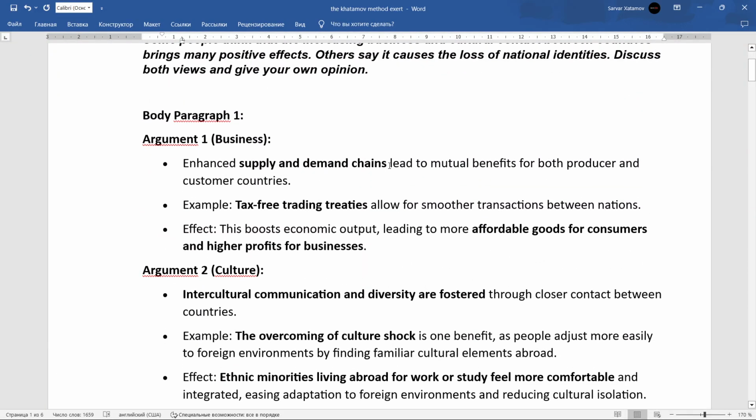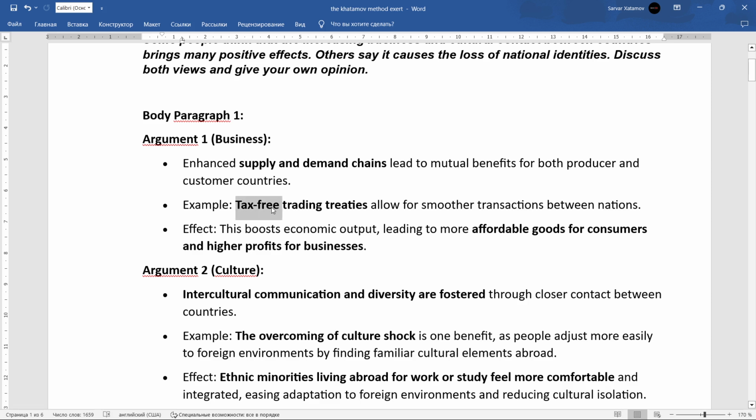This is coming at the level of B2, but it's used in economics, right? This is a really good collocation, especially for your writing task 2 and speaking part 3. So you're very welcome to use it. Lead to mutual benefits, both for producer and customer countries, right? So countries benefit from that. Tax-free trading treaties. This is very good stuff right here.